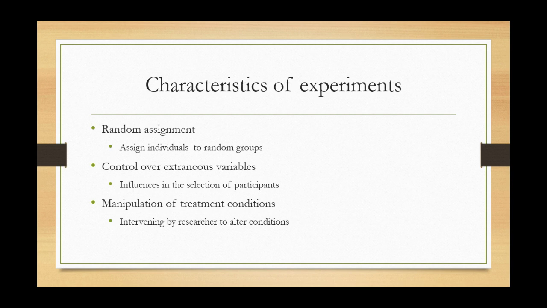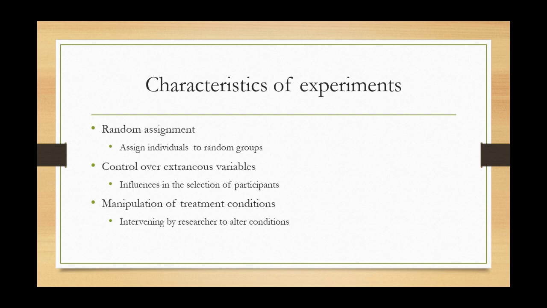Then we have characteristics. For your design to be called an experimental design, it has to fall under these 6 characteristics. But the first and the most important characteristic that should be seen for an experiment to be called an experiment is random assignment. As an experimental researcher, you will assign individuals to groups. As I have given you an example, you can have 2 groups: one that you expose to internet use, and another that you allow to use a library.